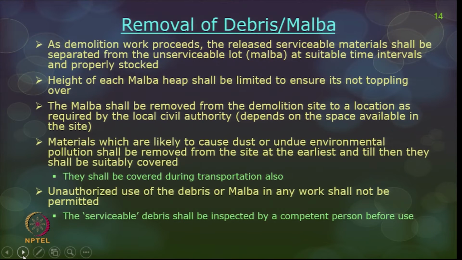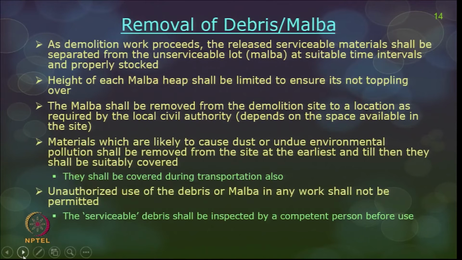One is the serviceable part and the other is the unserviceable portion. The unserviceable portion is generally stored and stocked at suitable time intervals for clearing and disposal. In any case, the height of the Malba heap shall be limited in order to avoid toppling over or falling on to people who are passing by and so on.